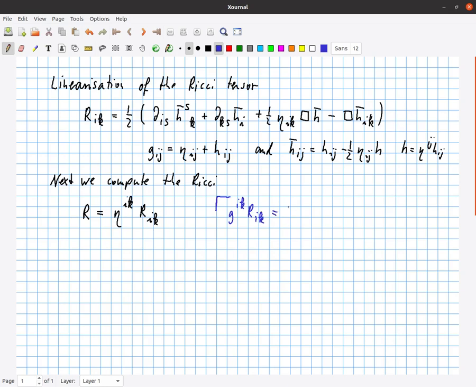If we now use the perturbed inverse metric, we showed that this comes with the minus sign. Acting on R_ik, you see that R_ik is already linear in h, which means h times anything linear in h will be quadratic. Therefore, this term here is immediately eta^ik R_ik plus terms of order h squared, which is where this expression comes from.